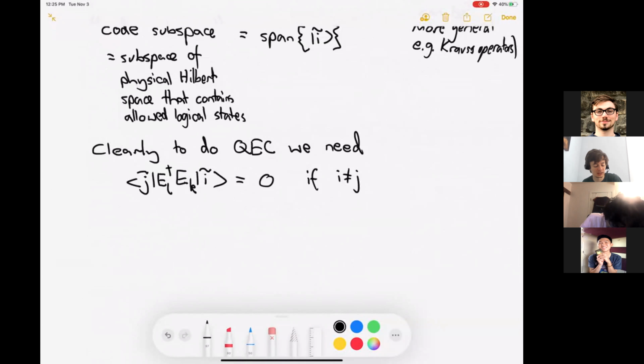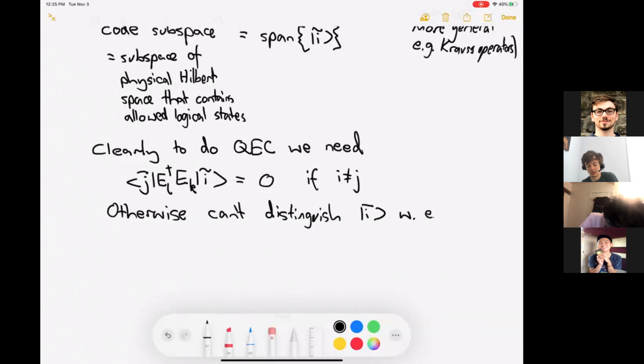So if we didn't have this, we couldn't distinguish i tilde with error Ek from j tilde with error El.